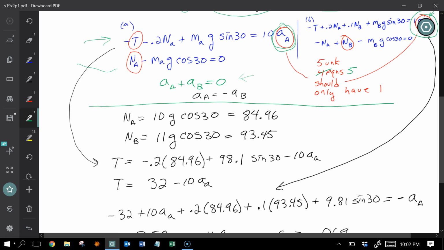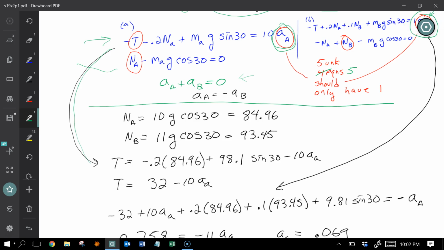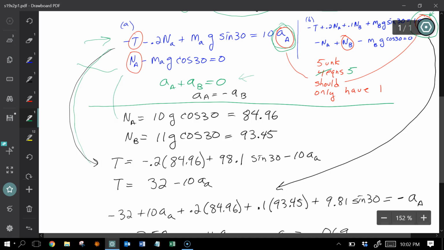Okay, so I bring this equation right here down, and I solve for t, just some algebra. Incidentally, I brought this one down, I guess I should say that, and I solve for NA. I bring this other one down here, and I solve for NB. So I solve for NA and NB.